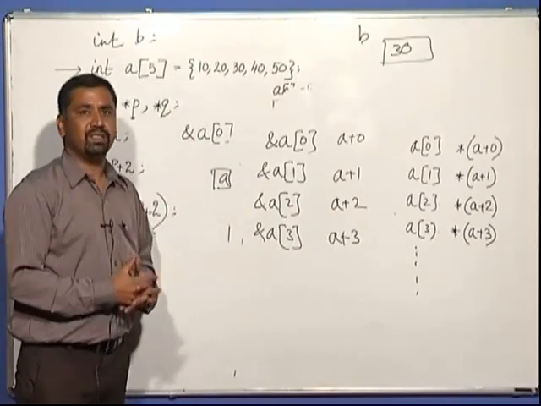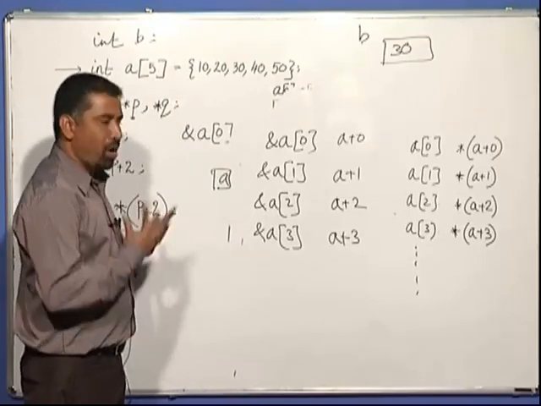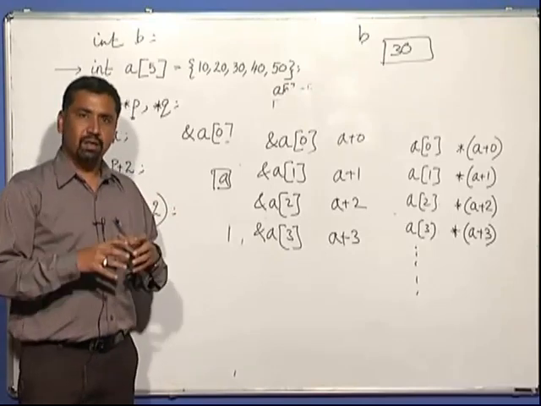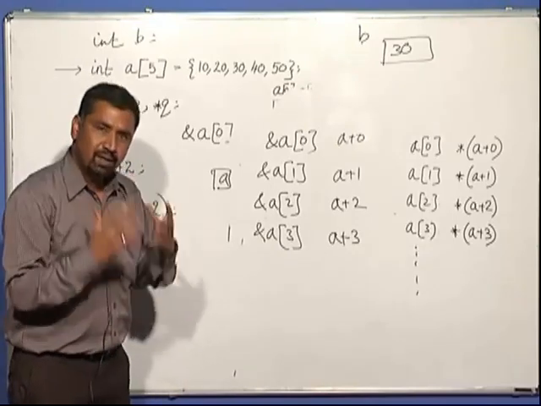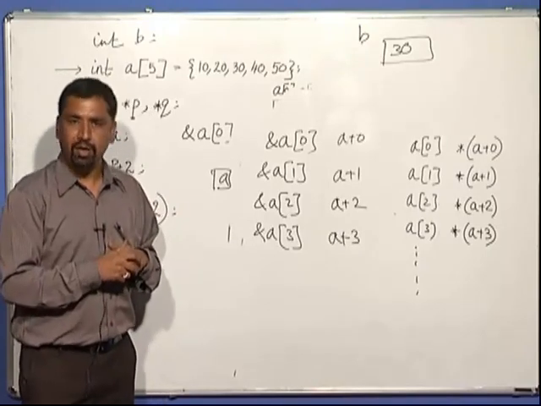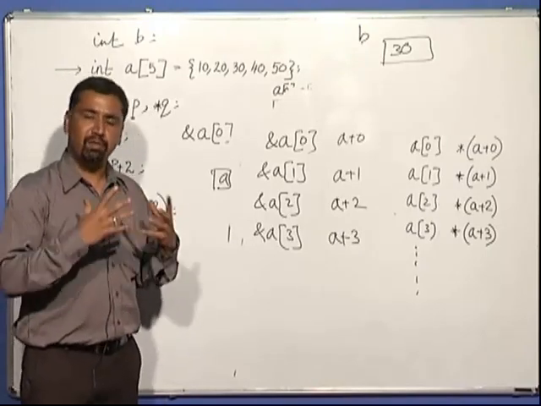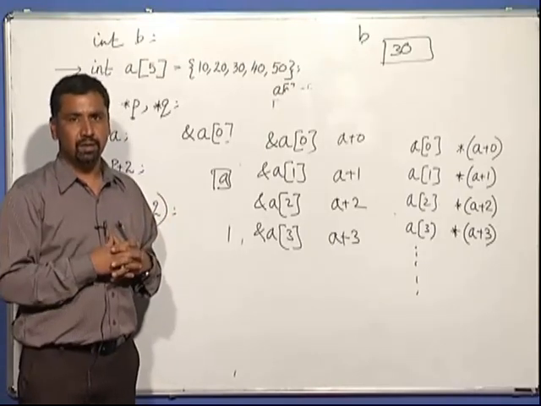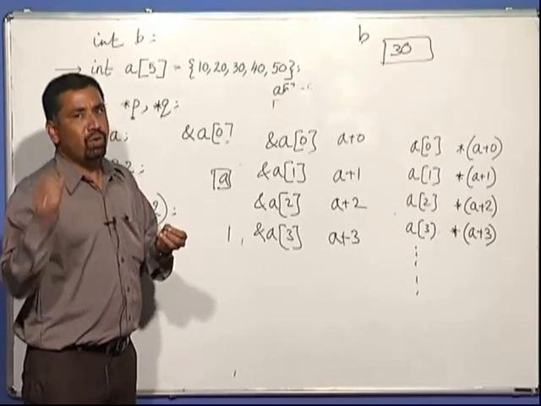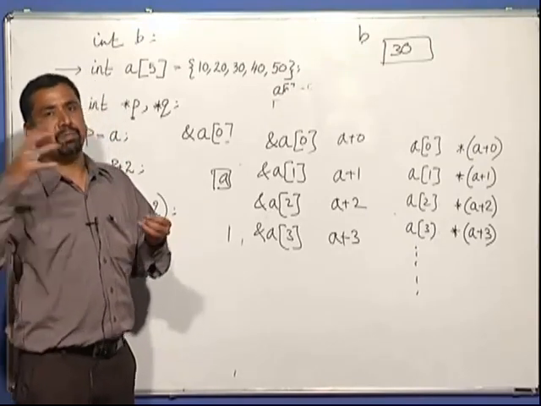So we can conclude by saying that pointers are basically address variables. Pointers are used to store addresses. Various different types of pointers can be declared, of integer type or float type or anything like that. Whenever you declare a pointer of some particular type, it can hold the address of only variables of the same type.